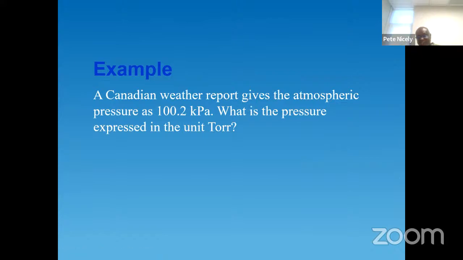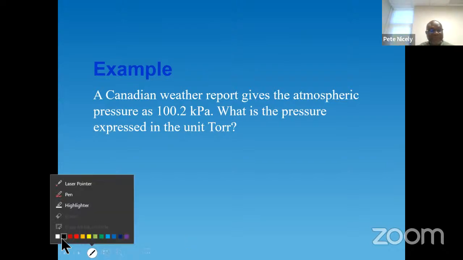So let's look at this simple example. The question is talking about a Canadian weather report, which gives atmospheric pressure as 100.2 kilopascals. So the question is, what is the pressure expressed in the unit of torr? Well, this is a very simple conversion problem.